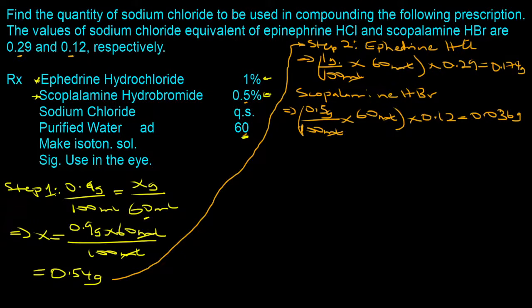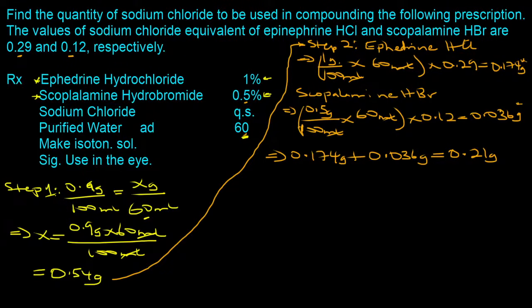Now the next thing you want to do, just for clarity, is you need to add these two values, the 0.174 and the 0.036. So we'll do 0.174 grams plus 0.036 grams, and that's going to be equal to 0.21 grams.